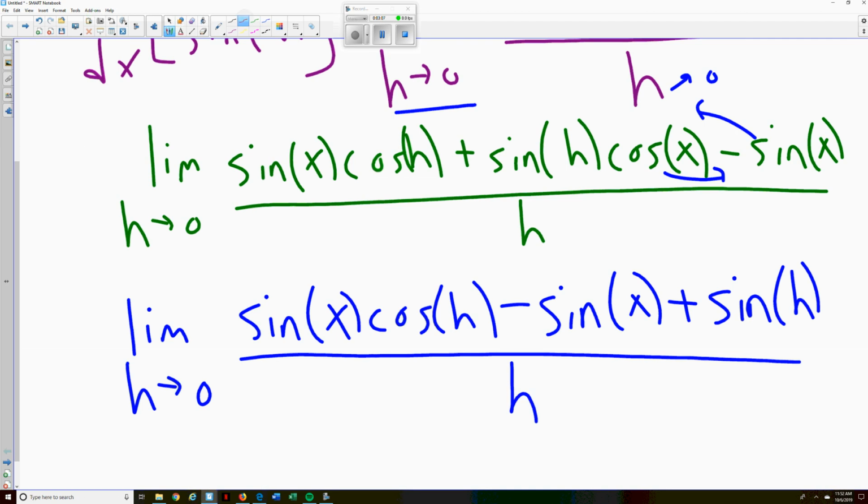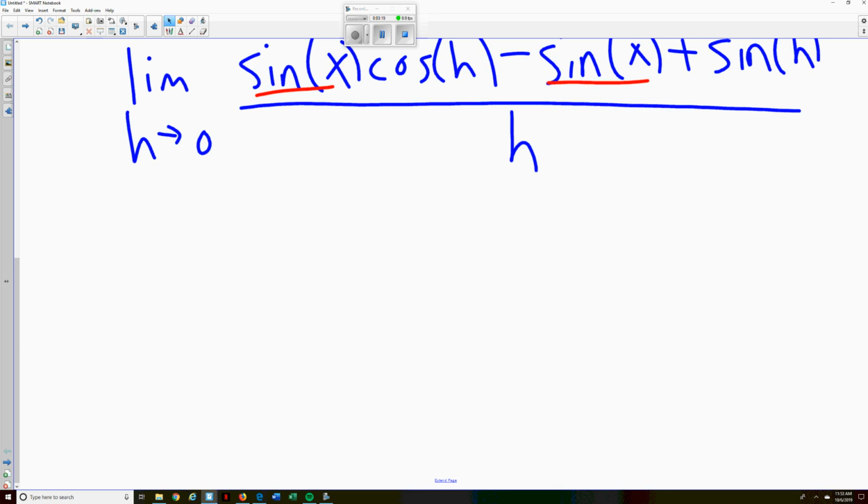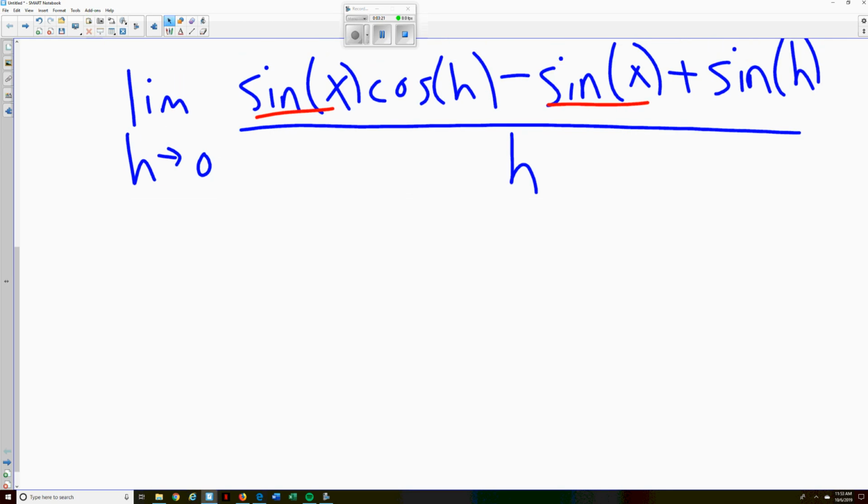And what you should notice is that there's a sine x in both of those. And so now what we're going to do is we're going to factor out that sine of x. Okay. Let me scroll down here a little bit.